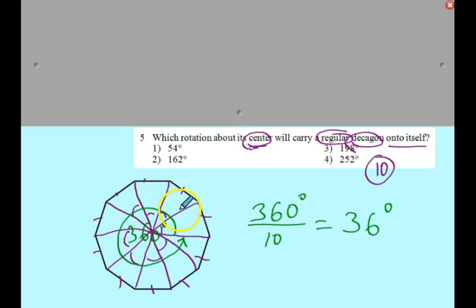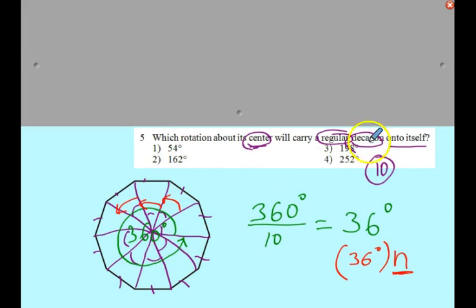So, every time you turn 36 degrees, you will not be able to tell the original from the image. You could do it more than once. So, any multiple of 36 degrees, where multiple stands for the number of times you apply that rotation, will produce such figure.